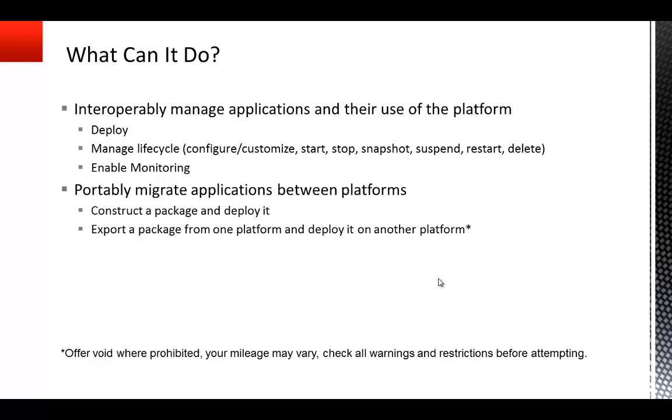Now, obviously, there's problems if I depend upon a particular version of a message queuing service, and I try to migrate to a platform that does not support that message queuing service, I've got some problems, and CAMP can't do anything to solve those problems.